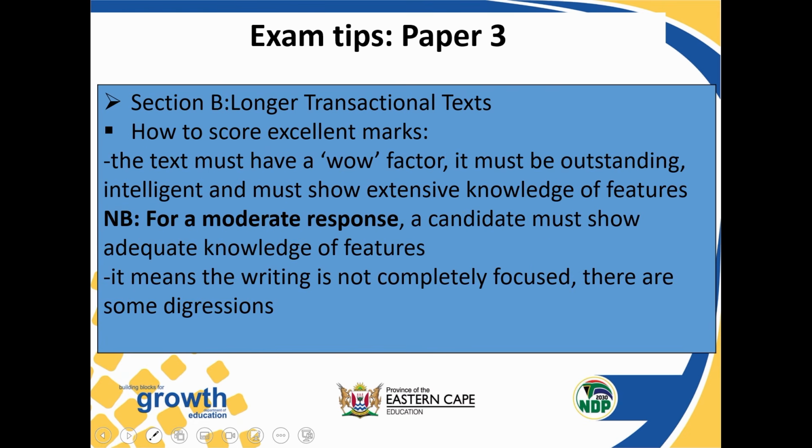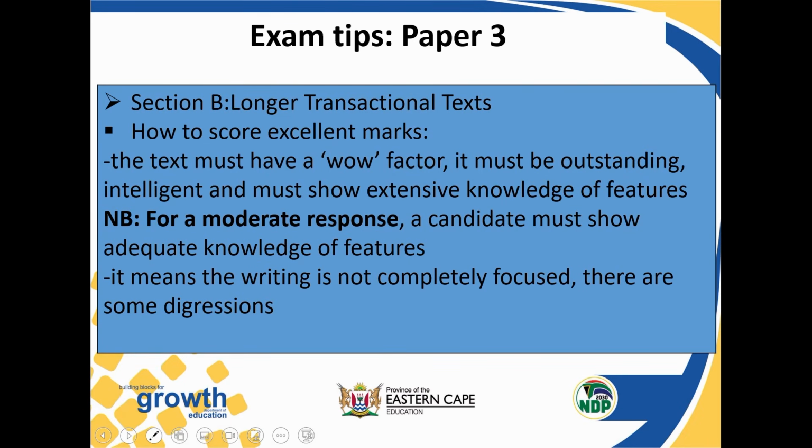I want to zoom straight to the part where I say, how do you score excellent marks? Whatever you are writing must have a wow factor. There must be something that appeals to the reader about your writing. For you to maximize your marks, the writing must be outstanding.